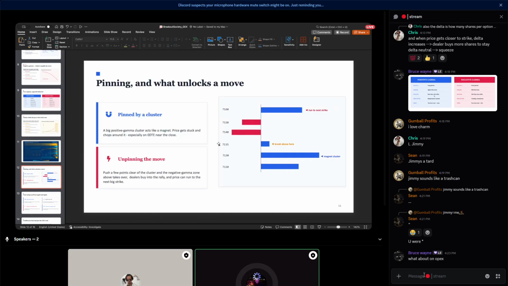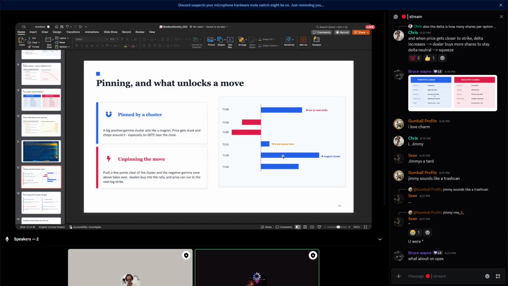I think this is just another example here. So I made this chart to make it a little easier to understand since I know the options depth might be a bit confusing. This is what you can see in a GEX setup. You would get a giant positive GEX area. This would be where price is pinning and magneting towards.